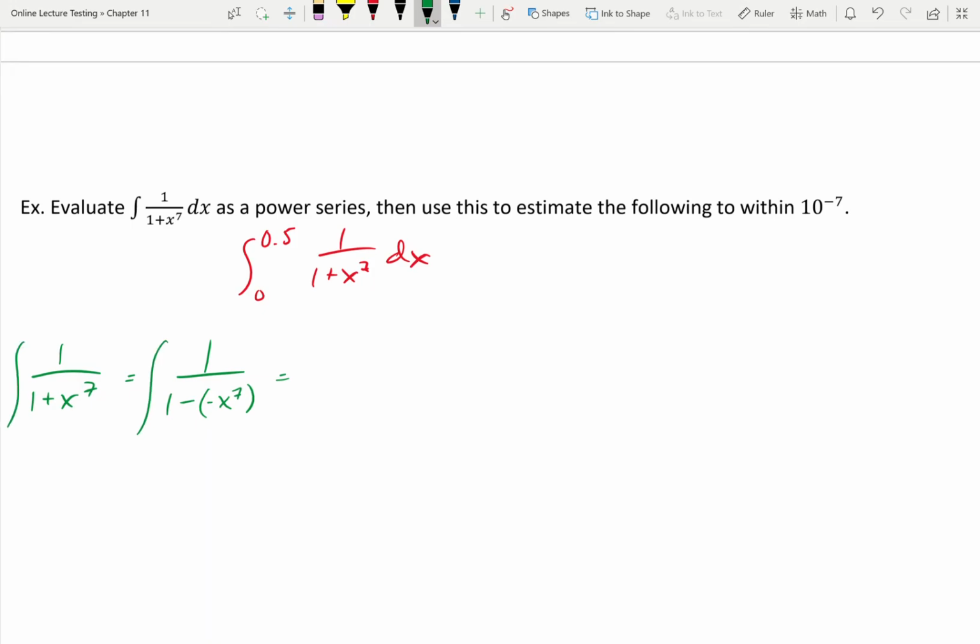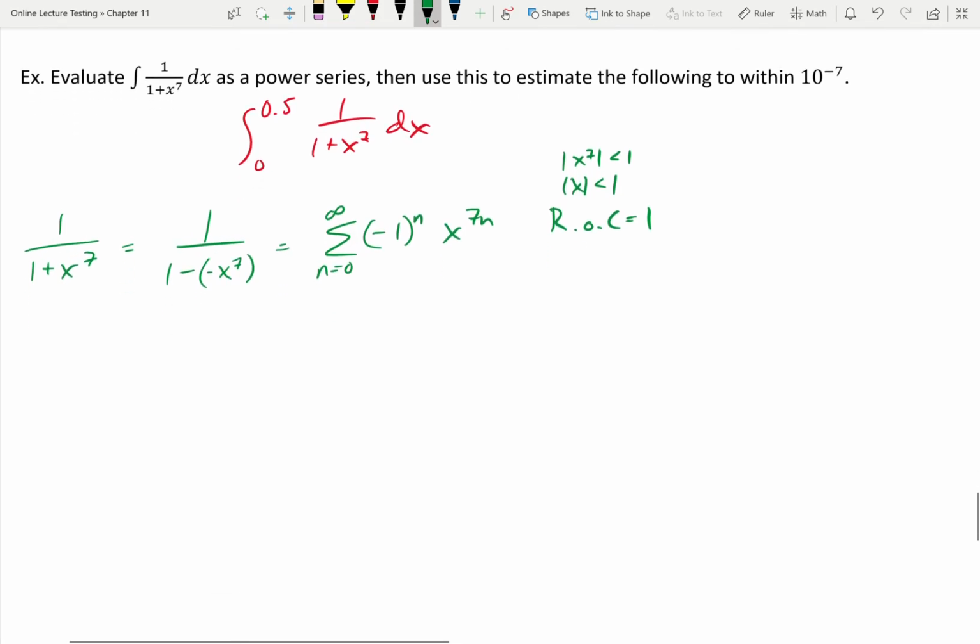This is equal to the series as n goes from 0 to infinity of negative 1 to the n, x to the 7n. And again, radius of convergence is equal to 1, because we have the absolute value of x to the 7th is less than 1, so the absolute value of x is less than 1. So we're still good.